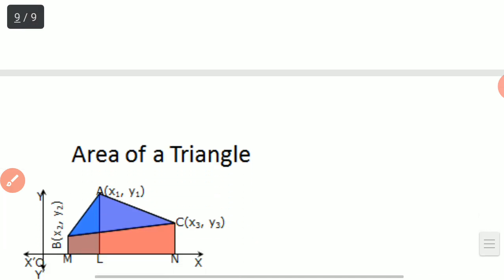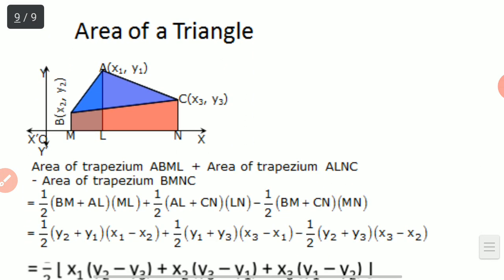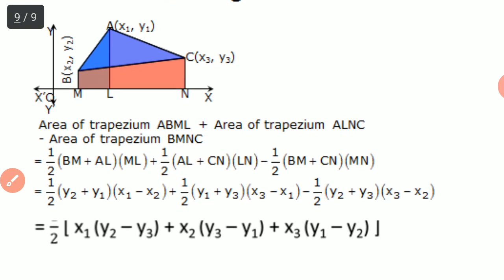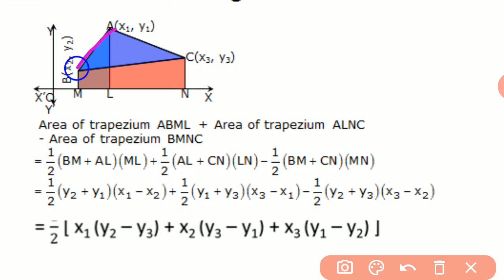And now the last one is the area of a triangle. Similarly, we can find the formula for the area of a triangle. Suppose this is triangle ABC and the coordinates are (x1, y1), (x2, y2) and (x3, y3), and to find the area formula we will give some construction. From here draw a perpendicular, and here we will draw a perpendicular.